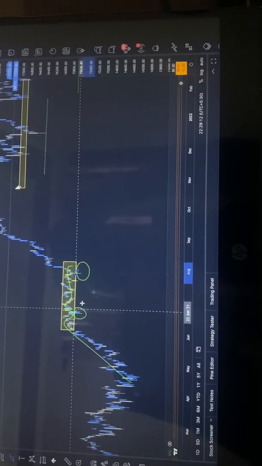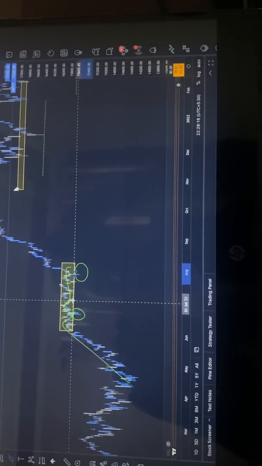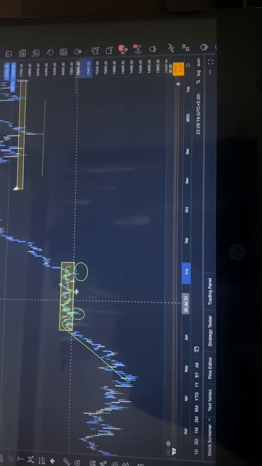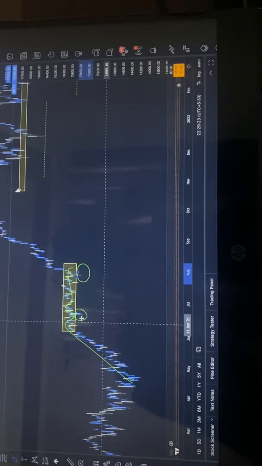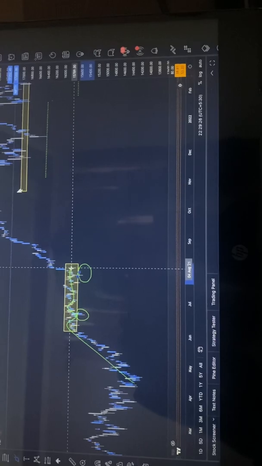But it gave a false breakdown and did not even form that lower high formation 2 times. That means markets do not really want to go down. This is just a flag sort of formation. What are these flag patterns and all? If you don't understand, we'll cover that tomorrow. So this is nothing but a flag sort of formation, and it gave a breakout. Same thing on AstraZeneca we saw a few minutes back.